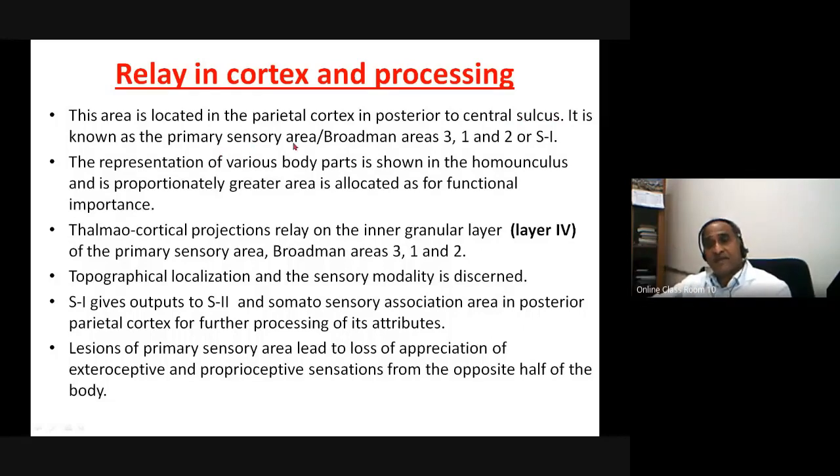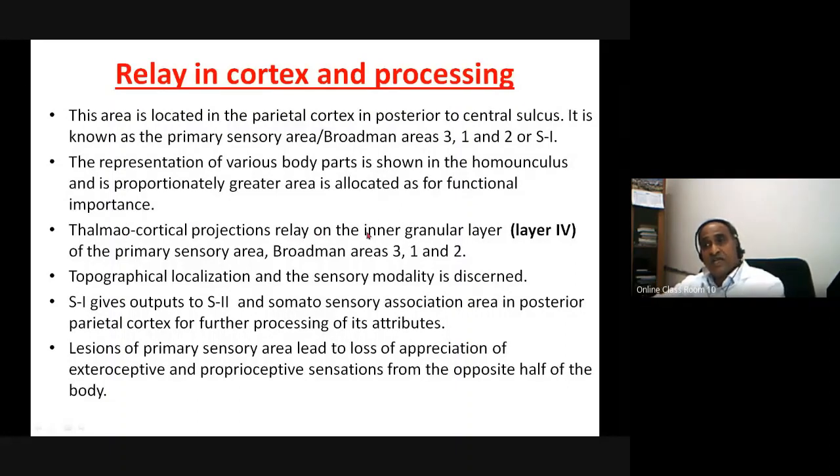It is known as the primary sensory area, or Brodmann classified them as areas 3, 1, and 2, and it is also known as S1, somatosensory area 1. The topographic representation of various parts of the body is shown in the homunculus and is proportional to the degree of sensory function performed by that organ.